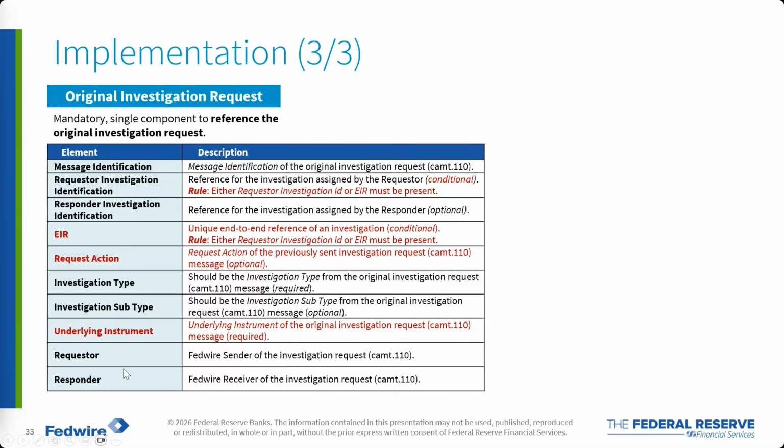And then we see that also the new required underlying instrument, whether I'm investigating a wire payment, a cross-border payment or an instant payment, that type of payment instrument that is under investigation, has to be reported back into the response to make sure these transactions and these investigation responses are routed to the appropriate departments within the financial institution you're sending your response to.